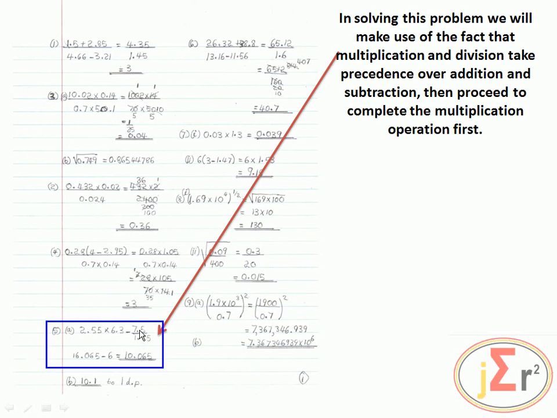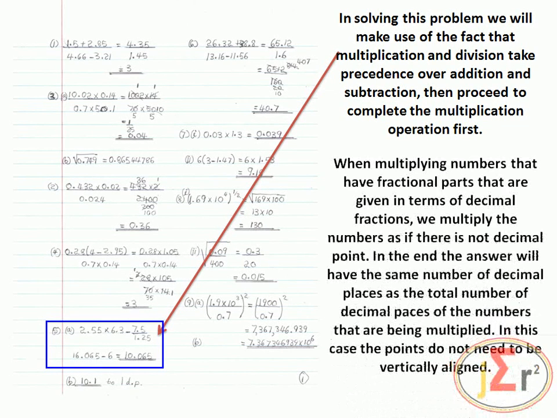But we are saying that division and multiplication take precedence over subtraction. Therefore, we will do the multiplication process and the division process first. So let us go straight ahead and do just that.